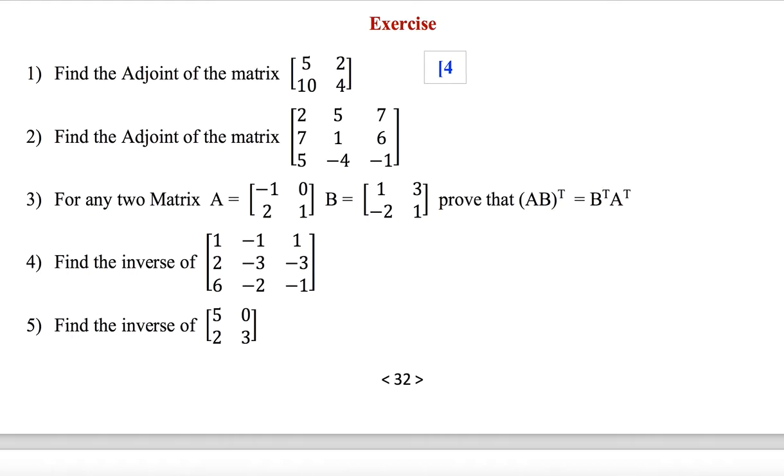So that is 4, the first element. The second one is 10. This first you need to do. This is minus 2.